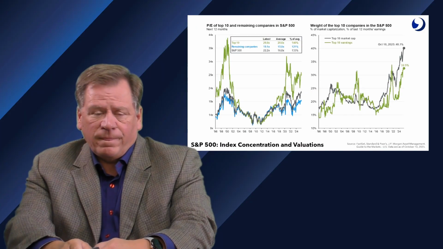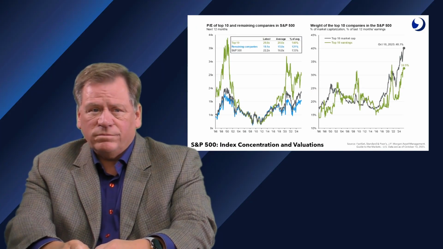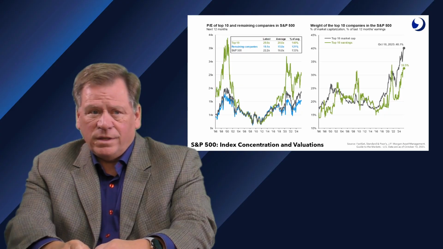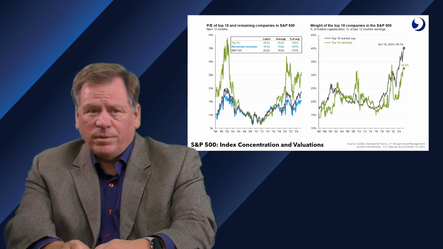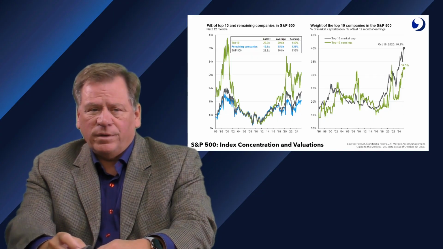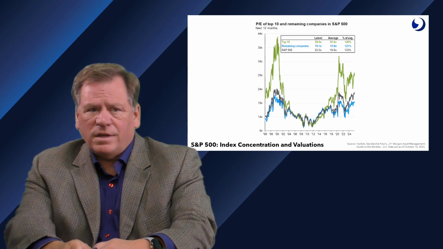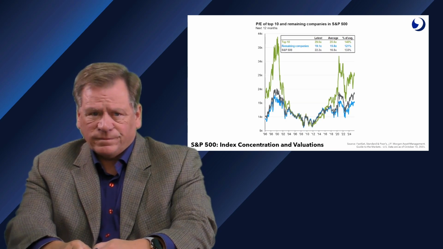The other reason you should be cautious is these next two charts that talk about the PE on the top 10 companies in the S&P, and we're going to talk about the weight or the concentration of those companies. Let's look at the first chart. This is the PEs. The top 10 is in green.